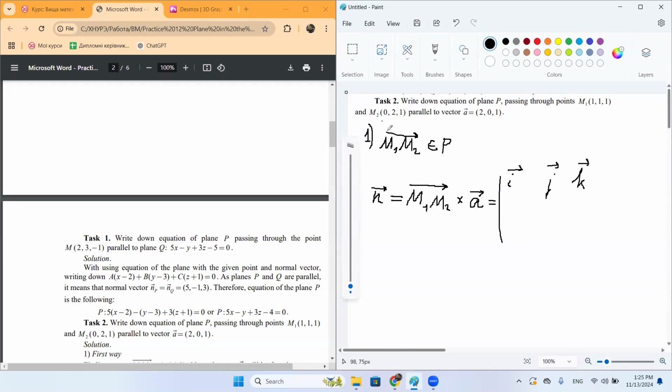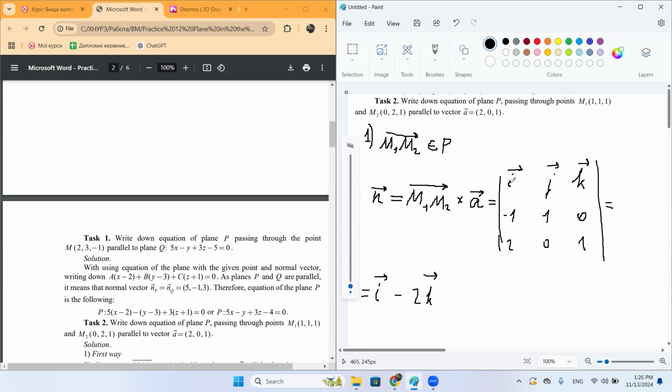Okay, calculating vector m1m2: -1, 1, 0. And vector A: 2, 0, 1. So i, 0, 0, nice. i minus 2k. Let's recalculate.